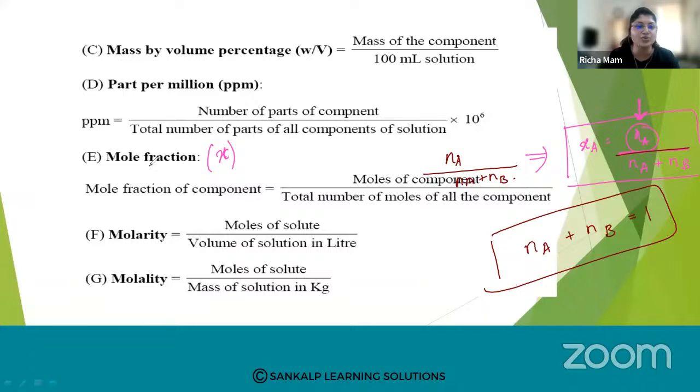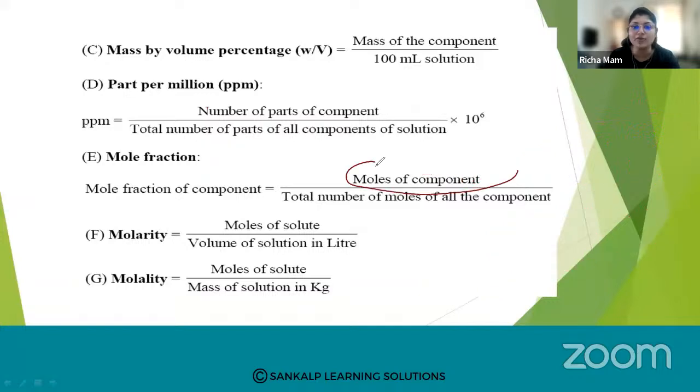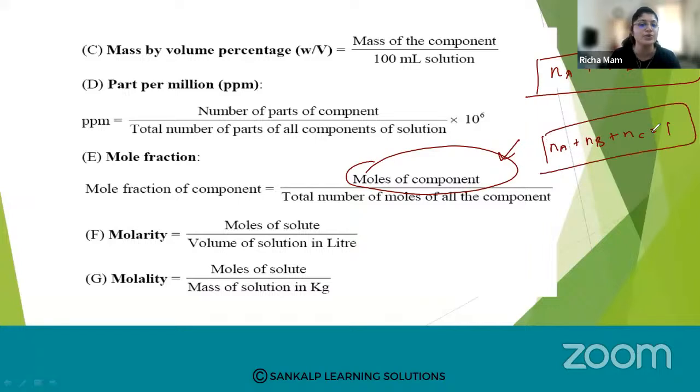Whenever you are calculating the mole fraction of a particular component, we consider the number of moles of that component in the solution. Suppose there are Na plus Nb plus Nc. However many components there are, the sum of the mole fractions should always be equal to 1.